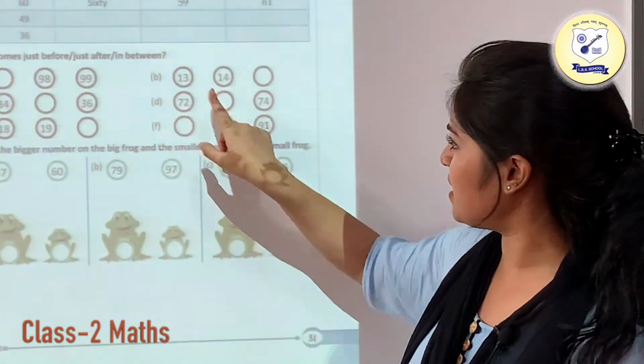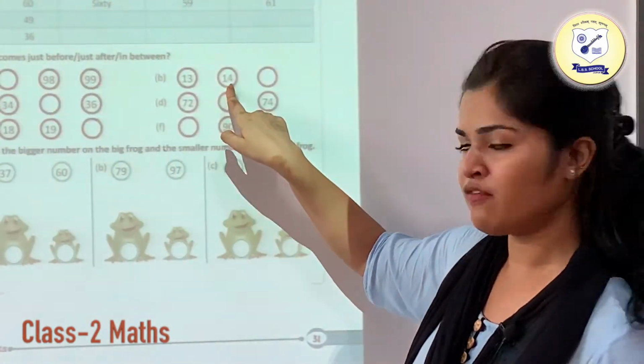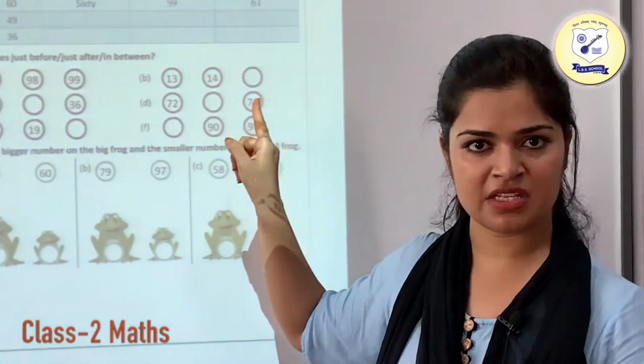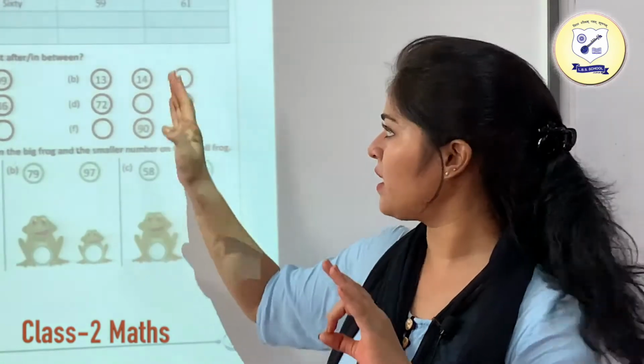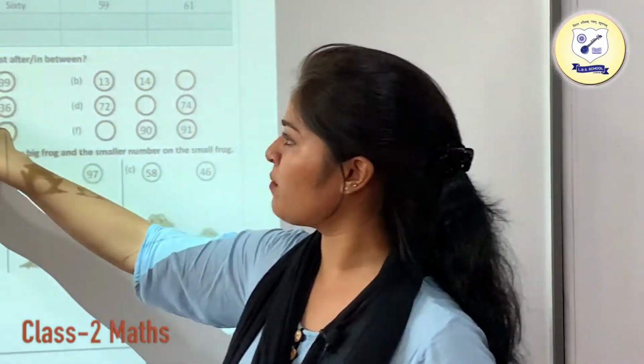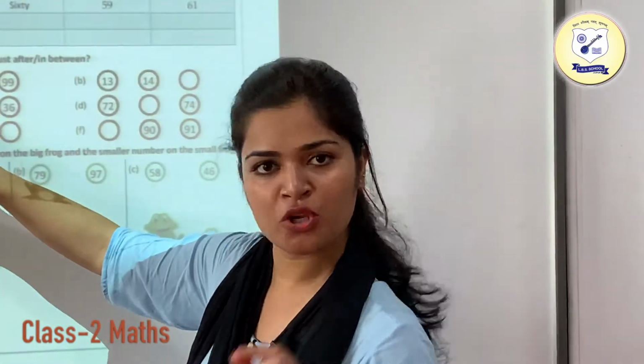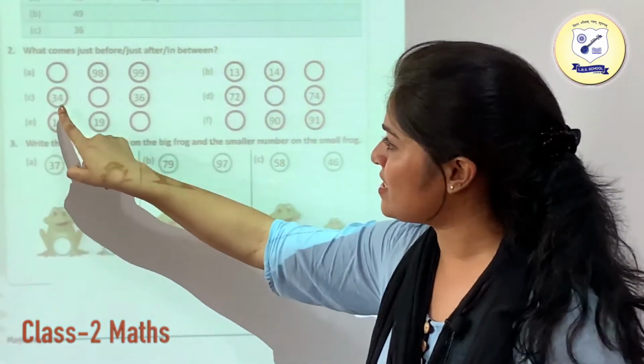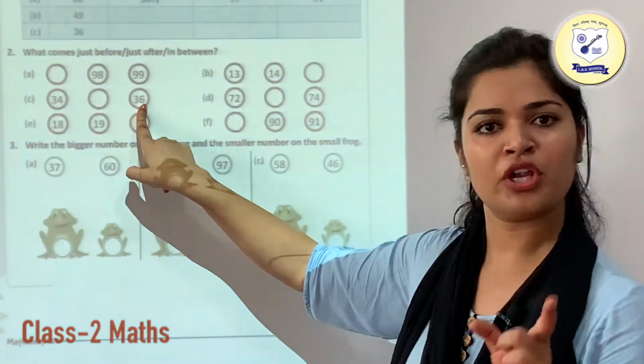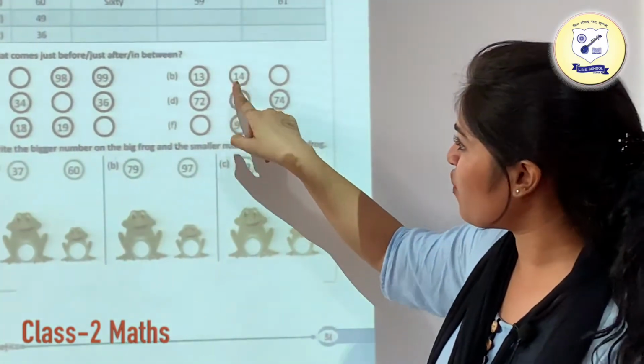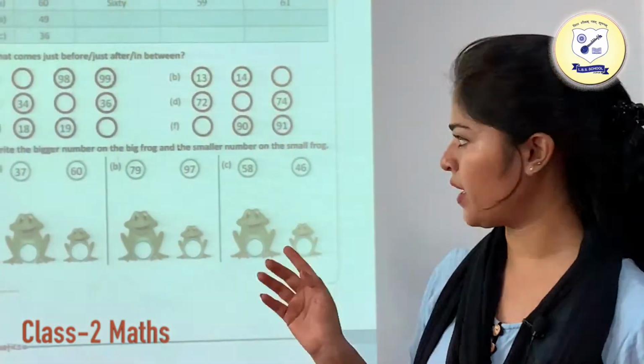Similarly, you can see that here we are having 13, 14. After that we are having an empty circle. In that circle we are going to write what we are going to have after 14, which is 15. So just before 98 is going to be 97. Just in between 34 and 36 you are going to have 35. After 14 we are going to have 15. Okay.